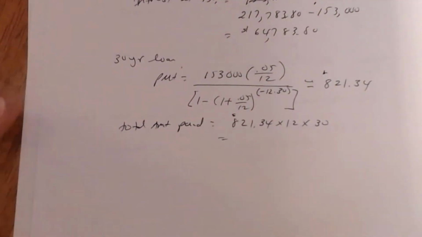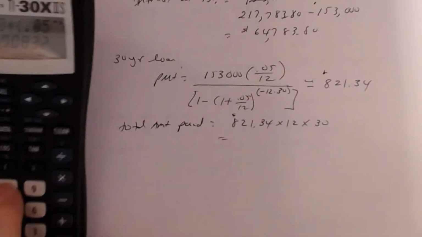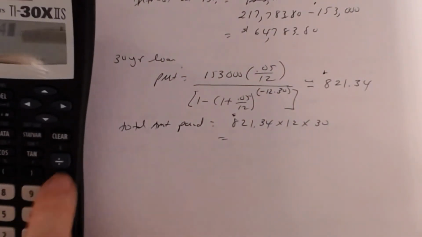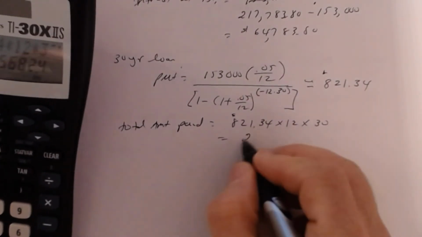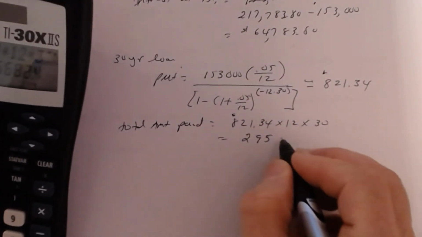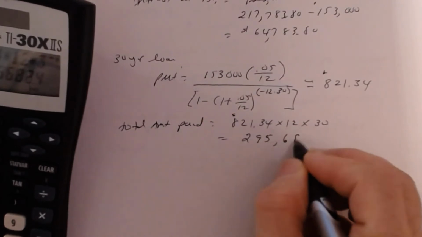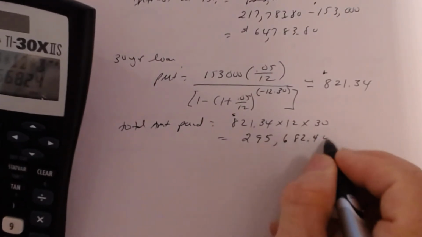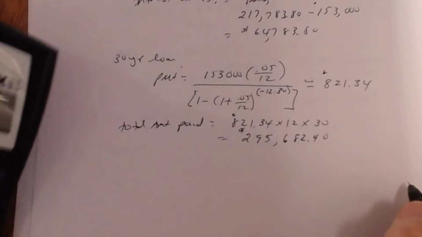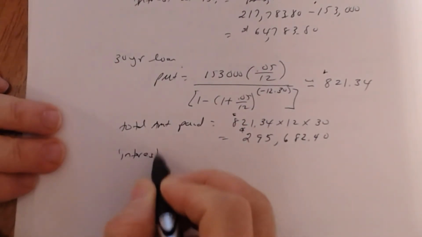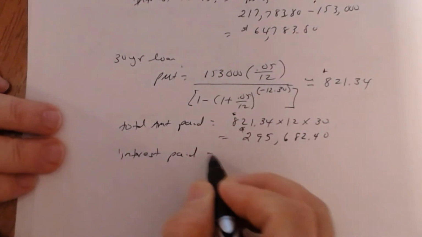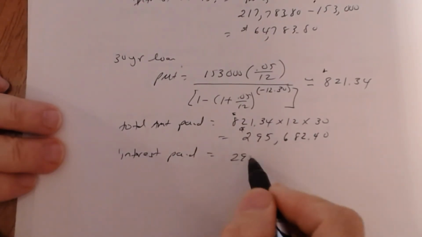And so altogether, for the 30-year period, you're going to end up paying $295,682.40.